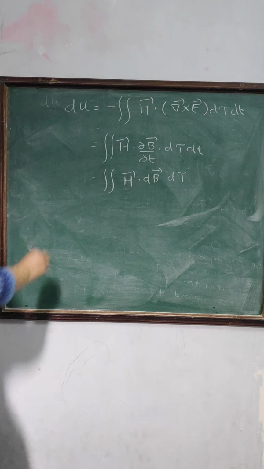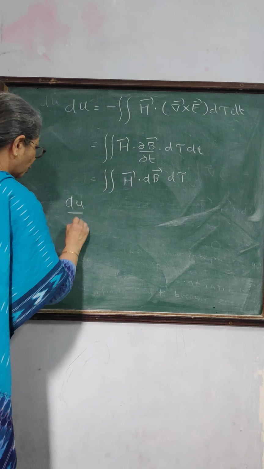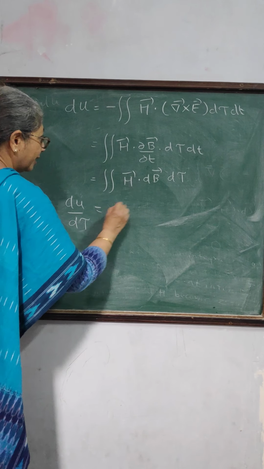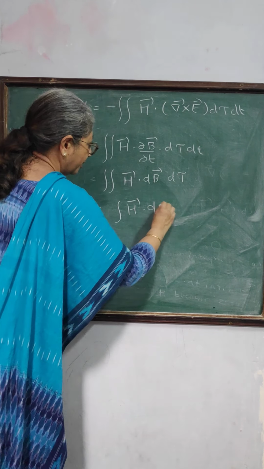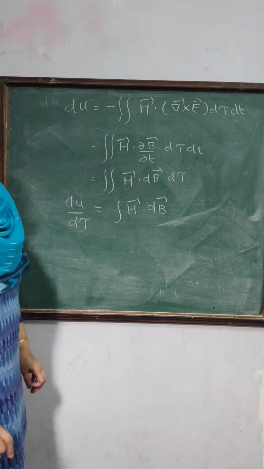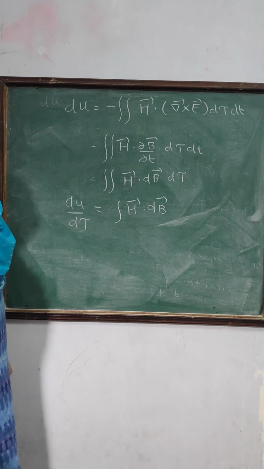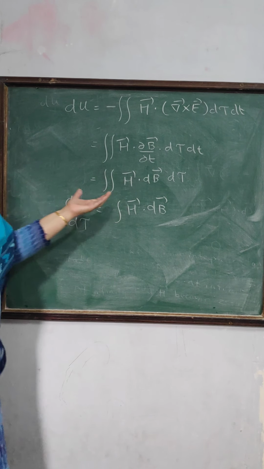Therefore, taking d tau to the other side, du upon d tau is equal to the integration of H dot dB, and this is the area enclosed in the hysteresis loop. So this is what we had to see. This is for one cycle.